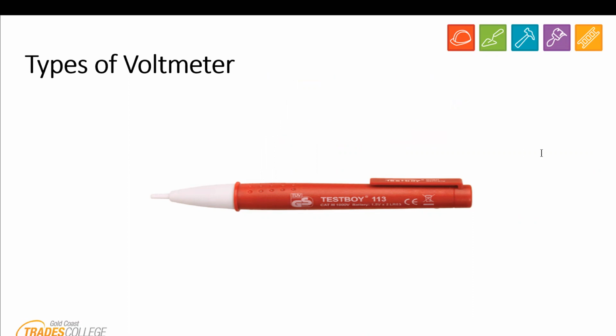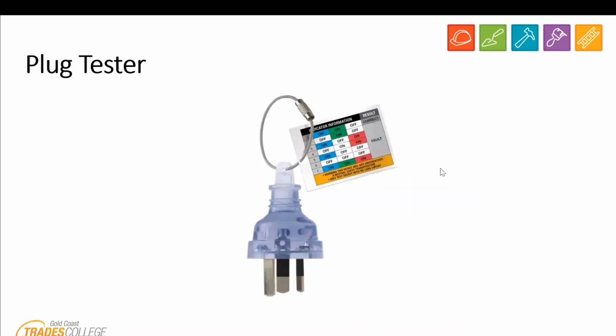Other types of voltmeter. You've got your plug-in tester. Now I wouldn't recommend necessarily getting one of these. What this thing will do is what we call the polarity check as well. So when you plug it into a power point, it will light up, and these are the colors here depending on which order, if the house or the power point has been wired correctly.